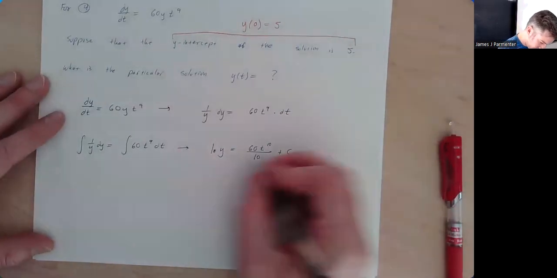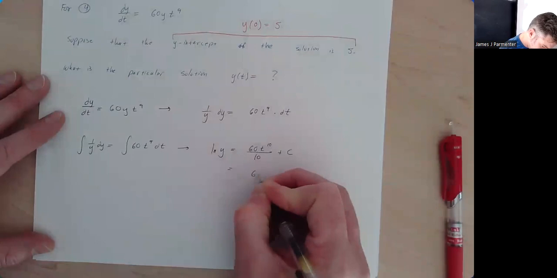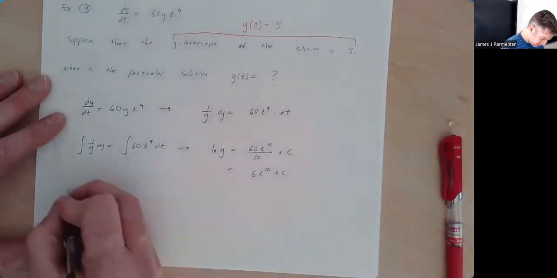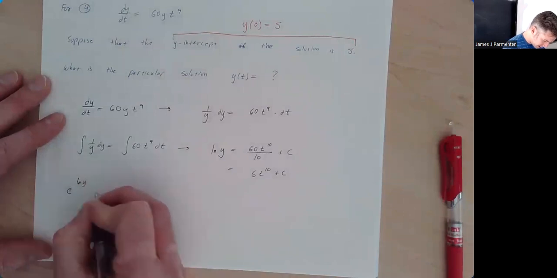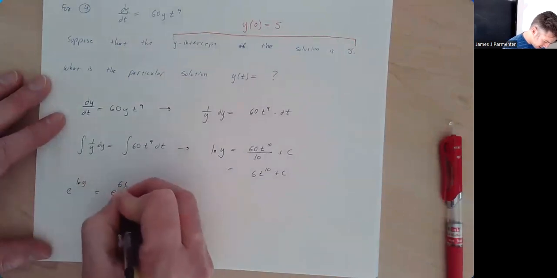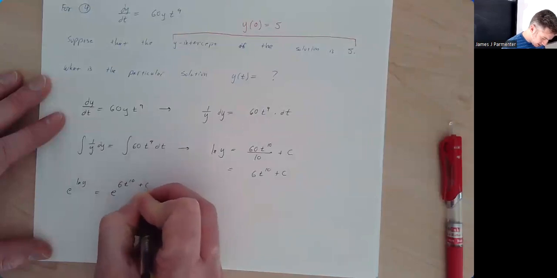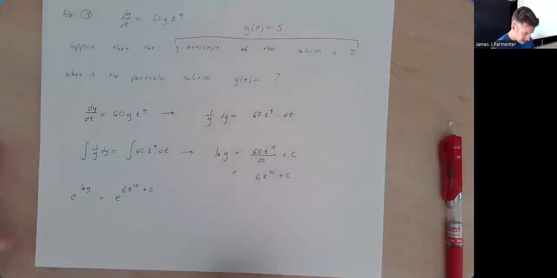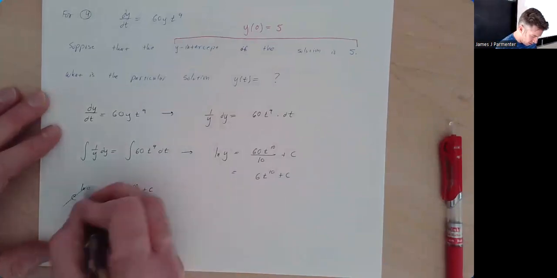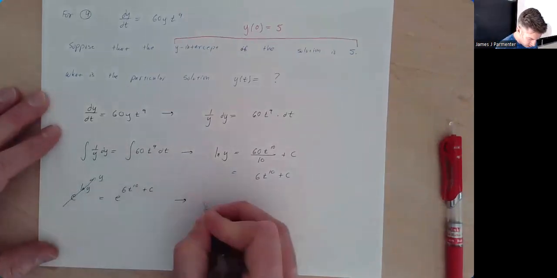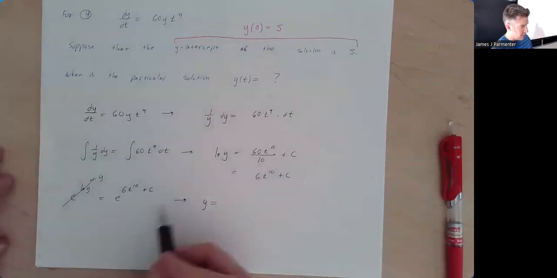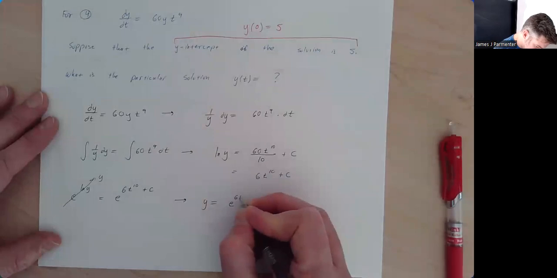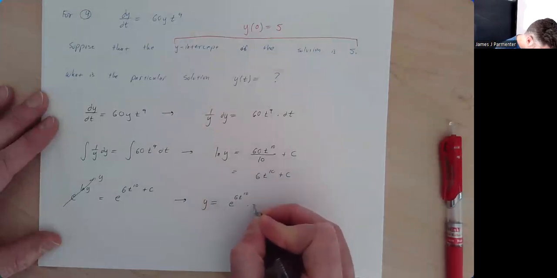So then we're going to say that y itself, if we do e to both sides, e to the natural log of y is going to equal e to the 6 t to the 10th plus c. And this is the step where you have to make sure you do it the right way. So e to the natural log of y is, of course, just going to be y. So we're going to get y equal to, and here's where you have to break this apart into e to the 6 t to the 10th times e to the c.